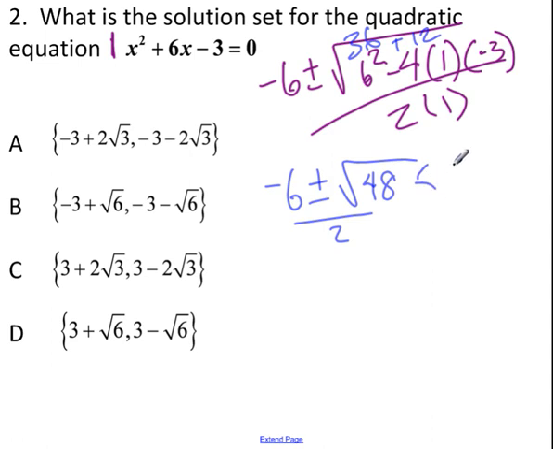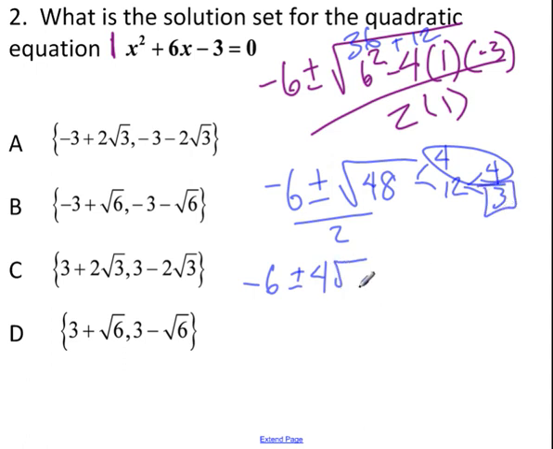What goes into 48? I don't know. 4 times 12 maybe? What makes it 12? 4 and 3? Well, I'm not even going to break down these 4s because I've already got a pair. So, negative 6 plus or minus 4, square root of 3 had no friends, all over 2.